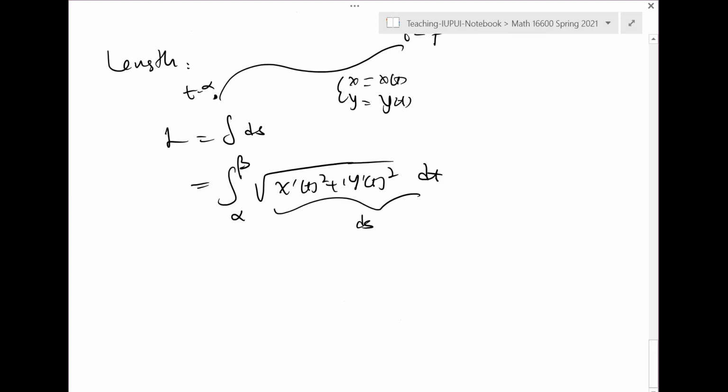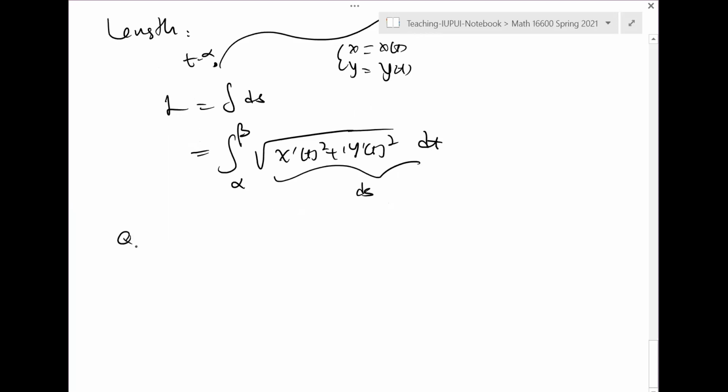If you do not use this formula to find the circumference, then it could be complicated, and you have to use substitution to evaluate. But there are some curves that cannot be viewed as the graph of a function, and then this is a formula you can use to find the length.